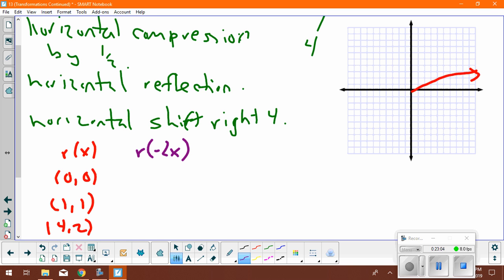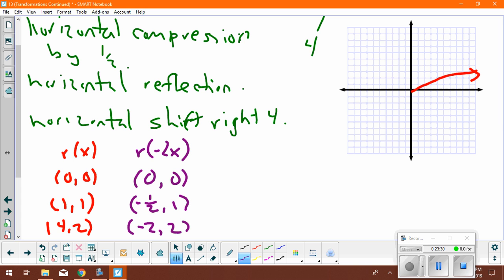We're going to divide the x coordinate by -2. My input values get divided by -2. So (0, 0) stays the same. 1 divided by -2 is -1/2. And 4 divided by -2 is -2.